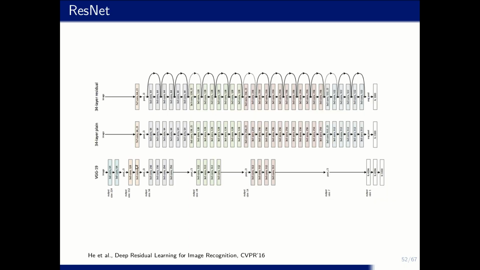Another structure is a ResNet, or residual net, and here the main idea is that they train quite deep convolutional neural networks, and the speciality is these skip connections. At some point they would take the output and add it again a few layers later.